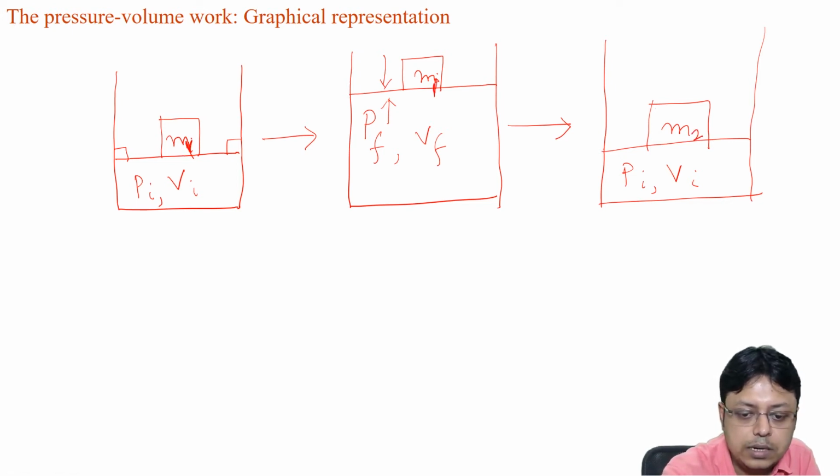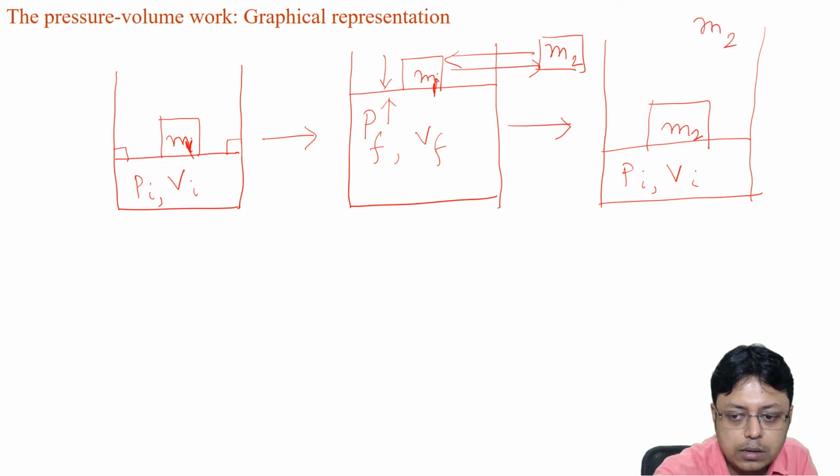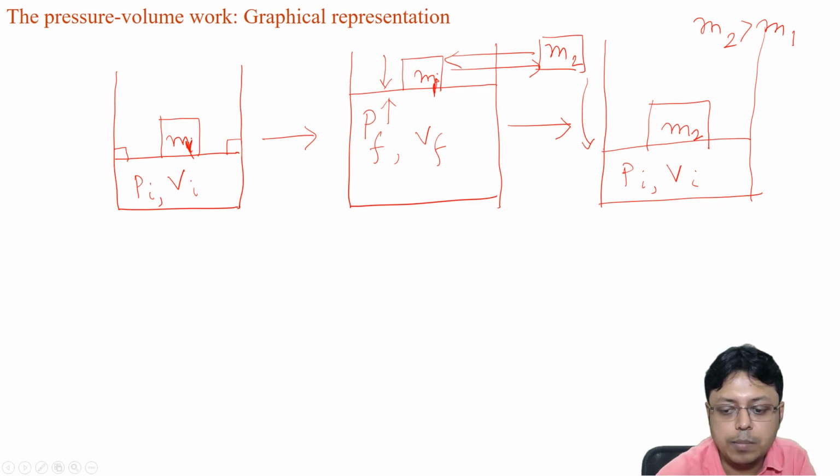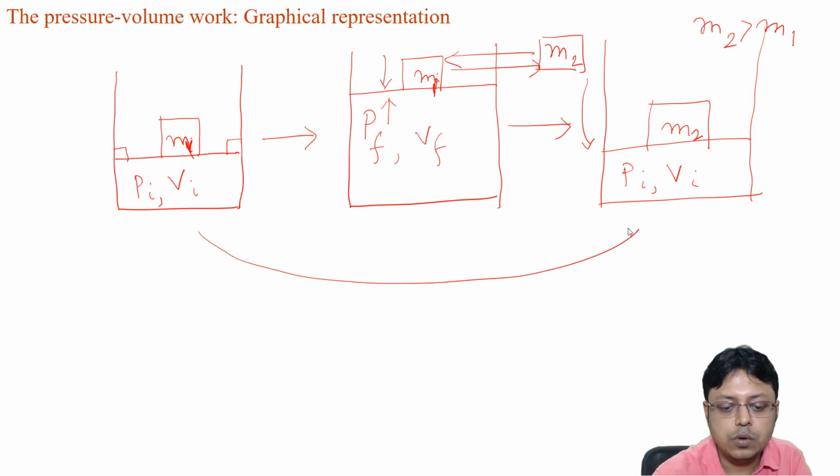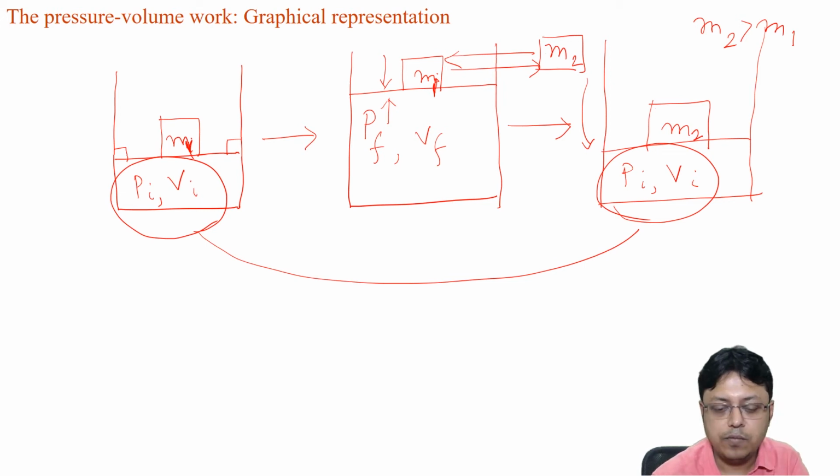So here what we did is that we just took out the M1 mass and put the M2 mass here. Since M2 was higher than M1, we again created a higher external pressure, so the piston moved down, and we came back to the same initial state. Now this process is known as a cyclic process. Why? Because we started with the initial state and we came back to the same initial state for the system.